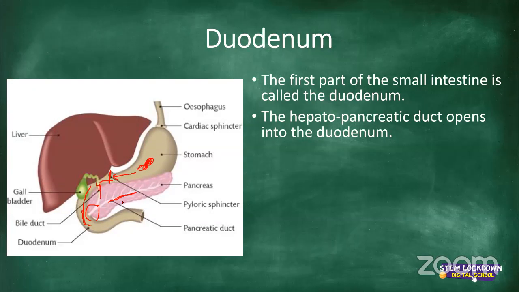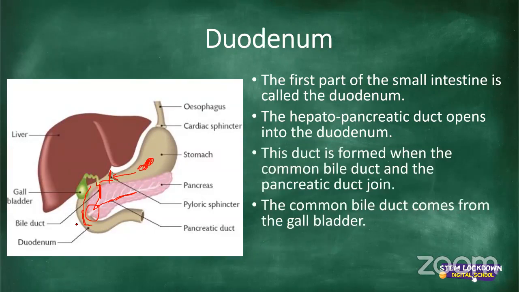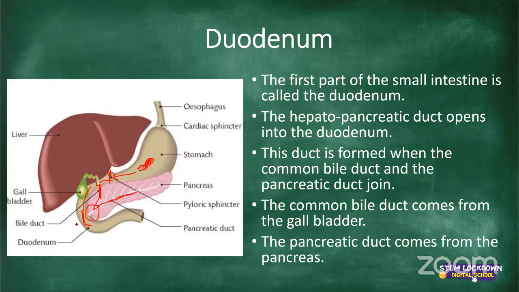Your pancreatic duct comes from the pancreas and your common bile duct comes from your gallbladder. This is the part where they join at the hepatopancreatic duct, which opens up into the duodenum, right? As I said, the common bile duct comes from the gallbladder. The pancreatic duct comes from the pancreas, right?